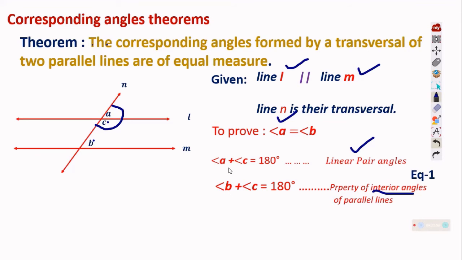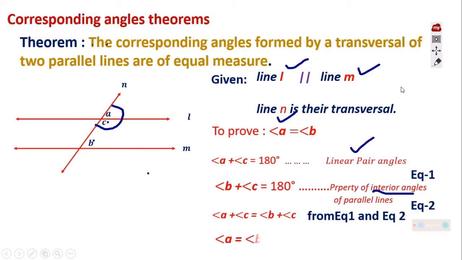That means A plus C is 180, B plus C is 180. We can simply write the next. If A plus C is 180 and B plus C is 180, it tells us that angle A is equal to angle B. From equation 1 and 2, we can straight away write that angle A is equal to angle B, which is nothing but what the corresponding angles theorem tells us.